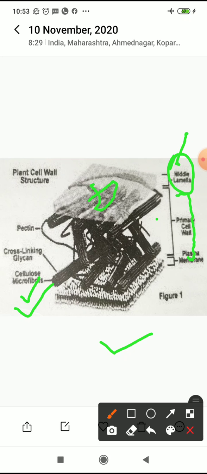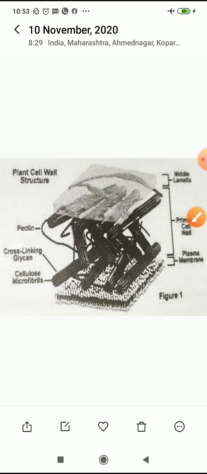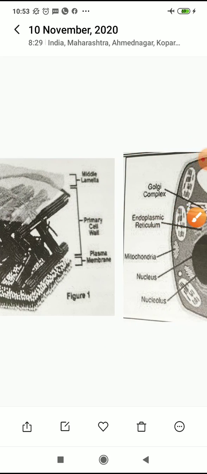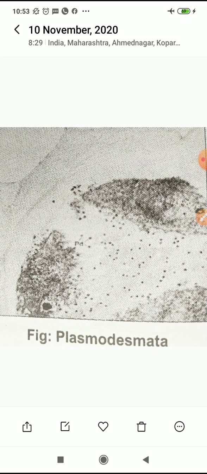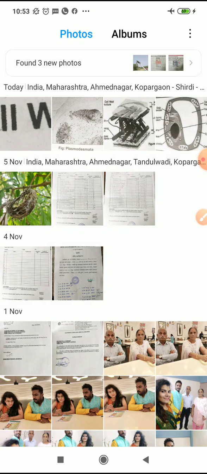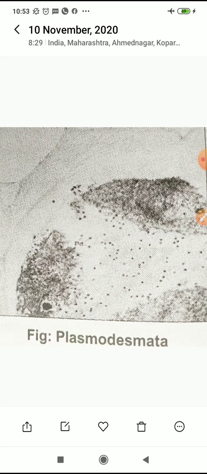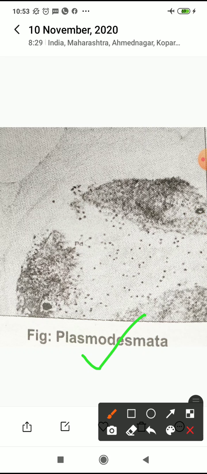In plant cells, there are tunnels running through cell wall, and such tunnels we can call as plasmodesmata. So this is the structure or electron micrograph of plasmodesmata.